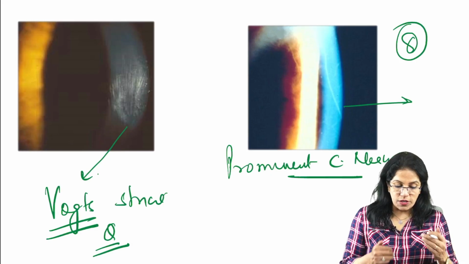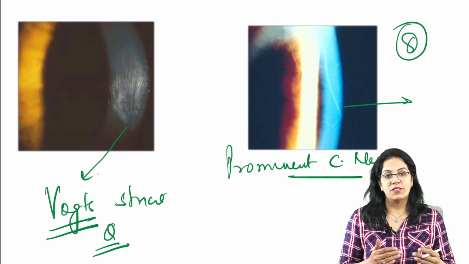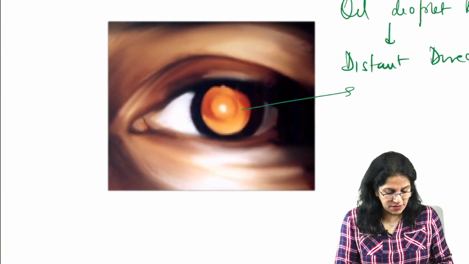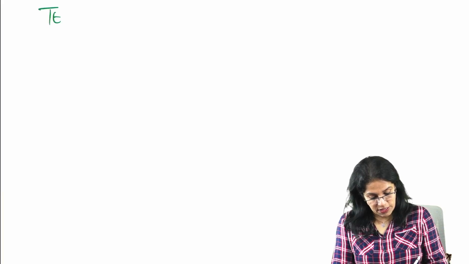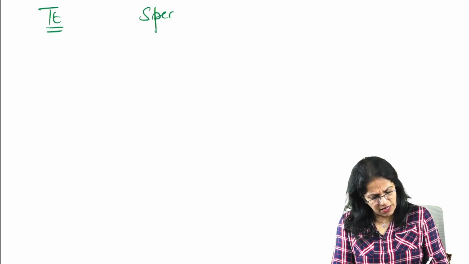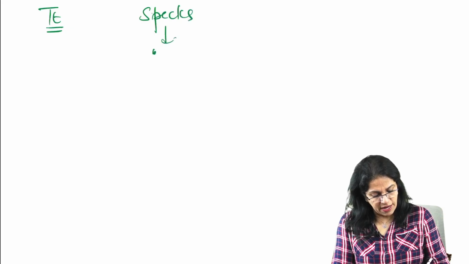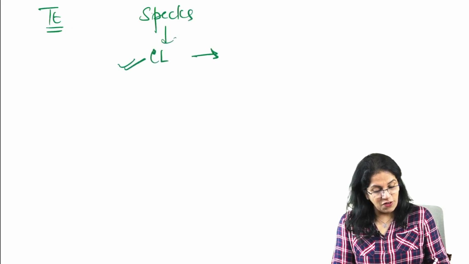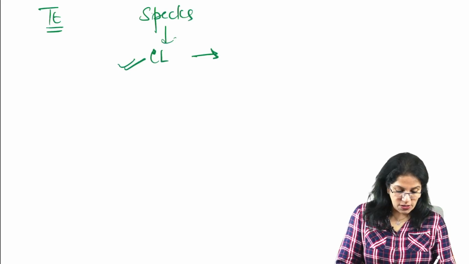Then of course, what about the treatment and how you manage? Initially you may give specs, but specs cannot treat irregular astigmatism. So what is the first thing after this? It becomes your contact lens. Specs very quickly become ineffective. We have to go to the contact lens. Which contact lens? So what is the choice of contact lens?